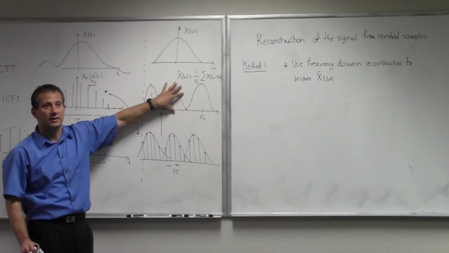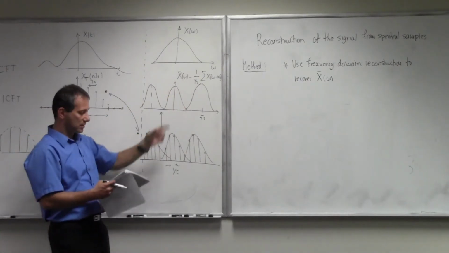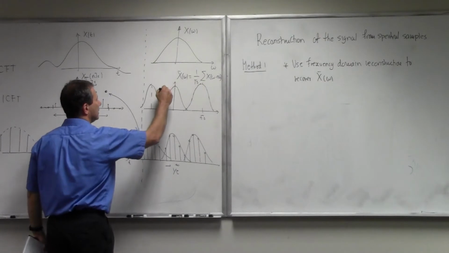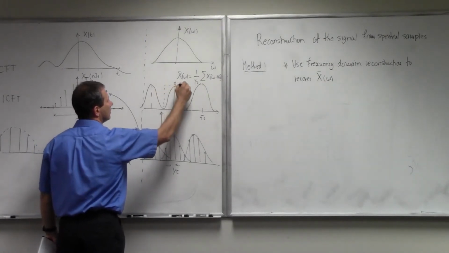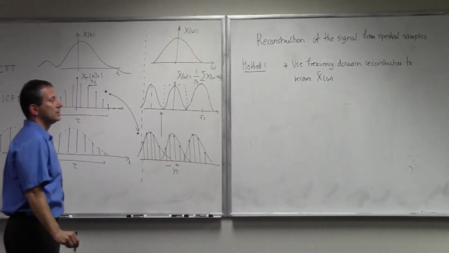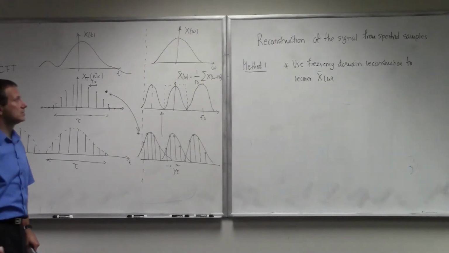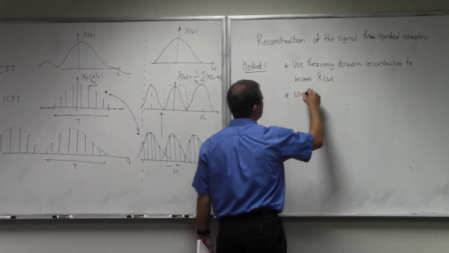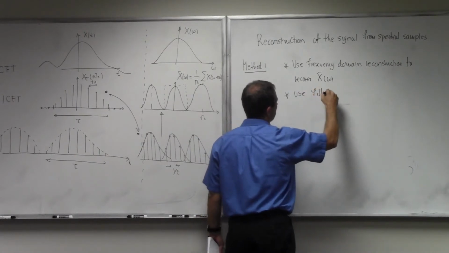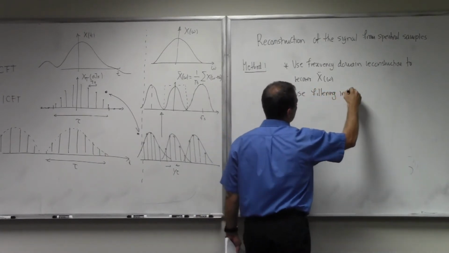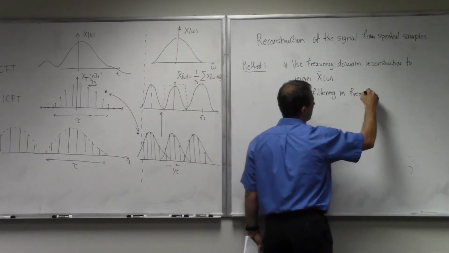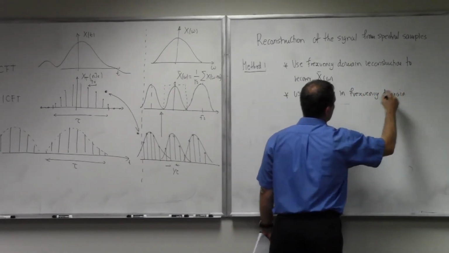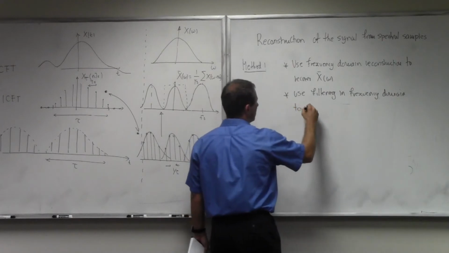and then they would magically reconstruct this back. And after I reconstruct this signal back, I use filtering in this domain to get rid of all the higher frequency components. So the second step would be to use filtering in the frequency domain to eliminate the periodic extension of the spectrum.